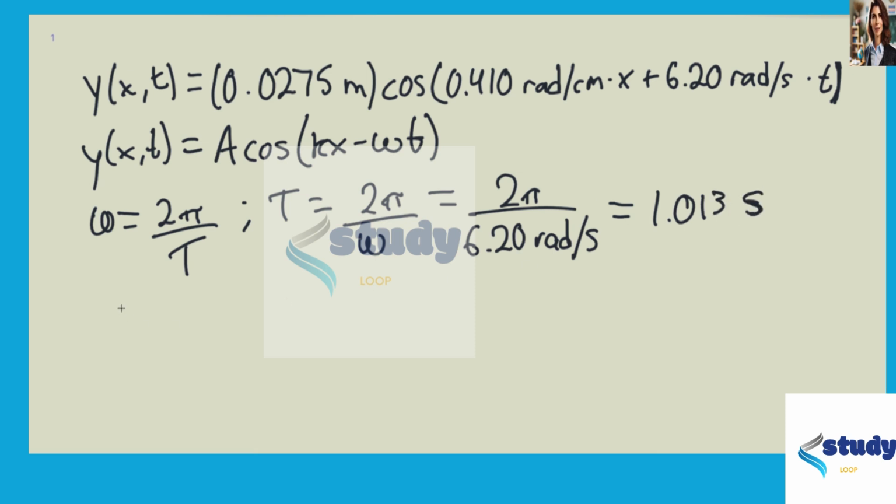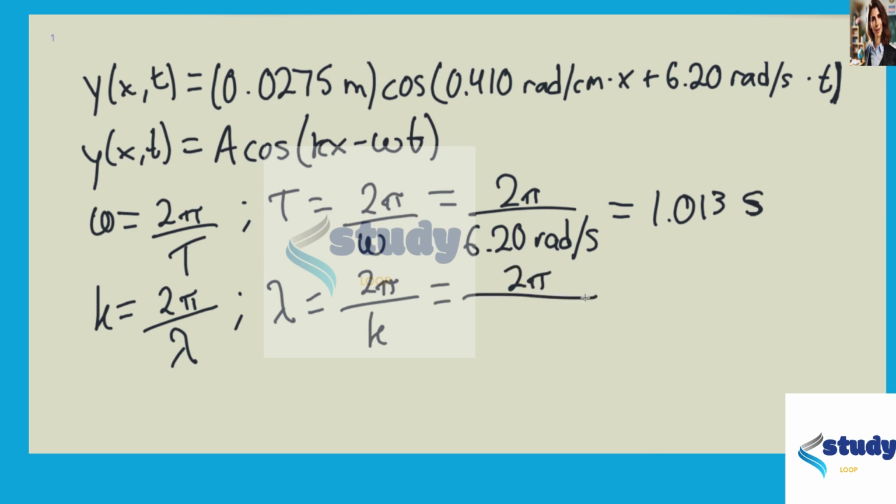Now, they're asking us to find the horizontal distance covered, so we can use the wave number. This is going to be 2 pi over lambda. The horizontal distance covered in one complete wave pattern would be considered the wavelength of the wave. So it's convenient that we can just use the equation for the wave number, isolate the wavelength, and then plug in our constants.